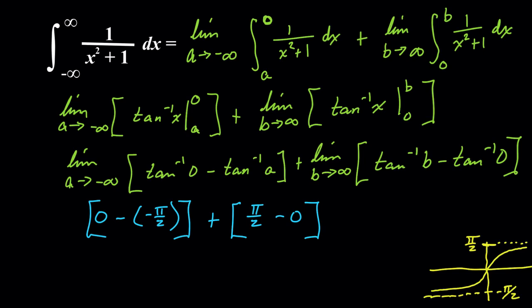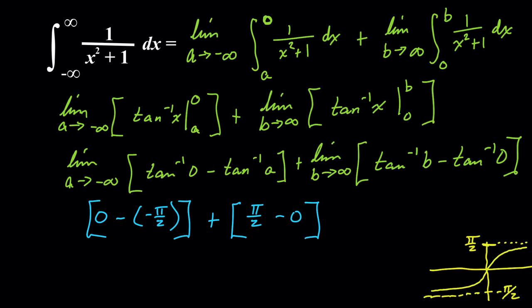Now, you're probably wondering, well, what if I had chosen to do a different number besides 0? What if we use 2 right here, or 5? It doesn't really matter, because if we used 5, we would have tangent inverse of 5 right here, and then you would have minus tangent inverse of 5.